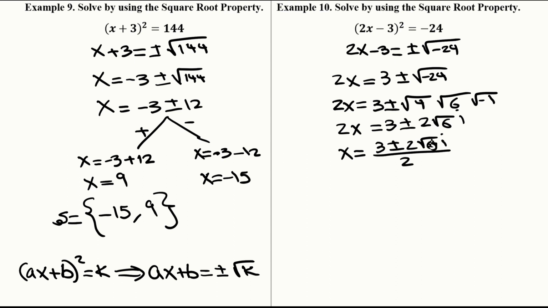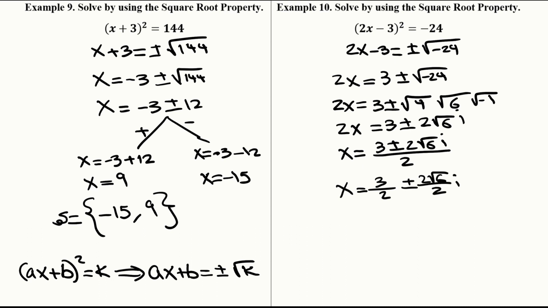Now this is an acceptable form for the solutions, but oftentimes from a purely mathematical standpoint, we like to write this kind of a solution, which is complex, in standard complex form, which means we'll split it up. So we get x equals 3 halves plus or minus 2 radical 6 over 2 i.